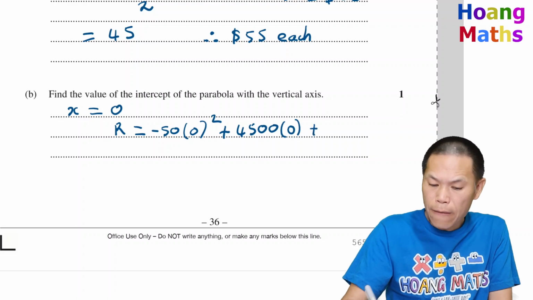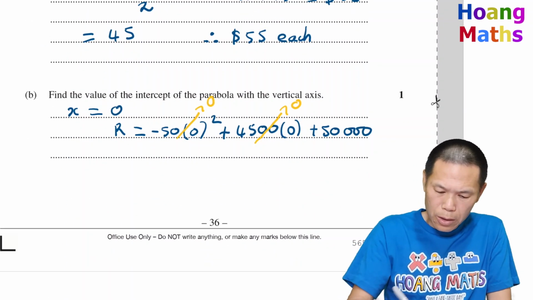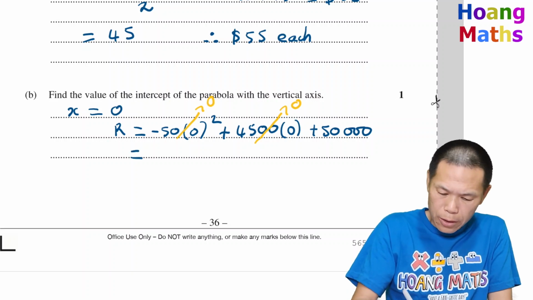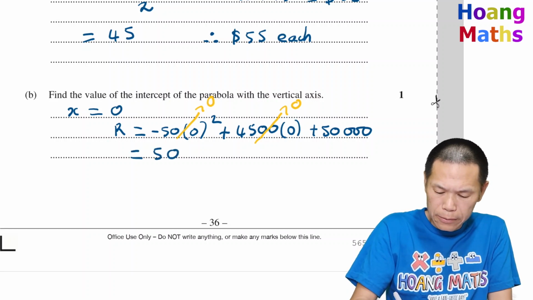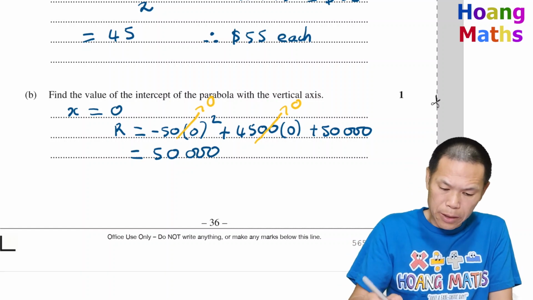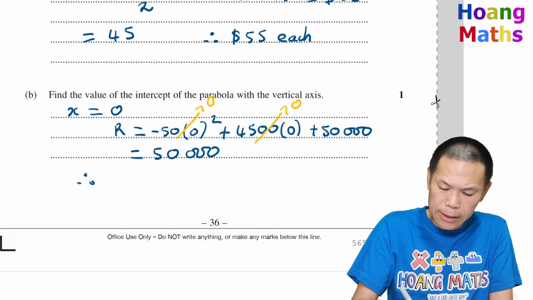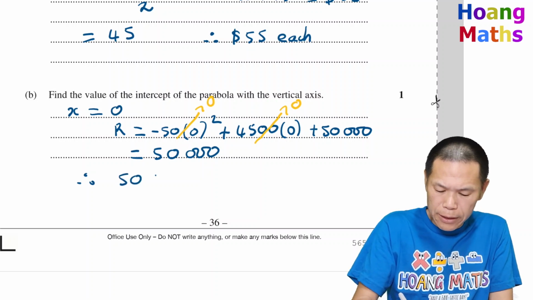And we add 50,000. So R is equal to 50,000. So that is the intercept. Okay, so therefore the value of the intercept is 50,000 if you like.